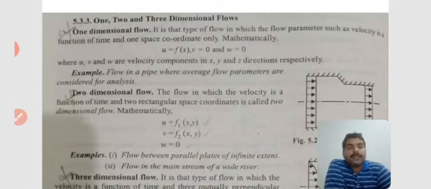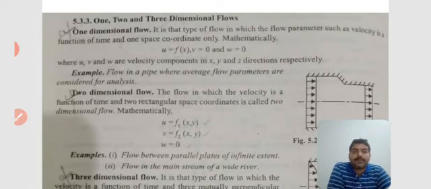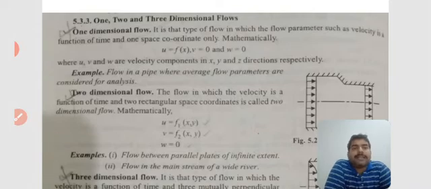The first one is one dimensional flow. There are three types of fluid flow: one dimensional, two dimensional, and three dimensional. One dimensional flow is that type of flow in which the flow parameters, such as velocity, are a function of time and one space coordinate only.